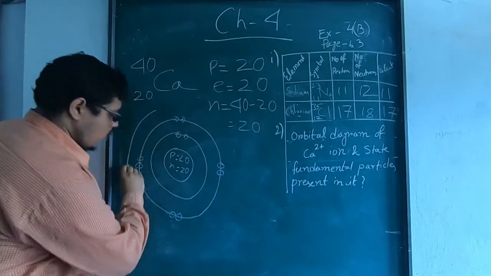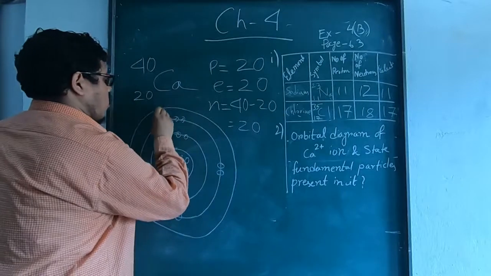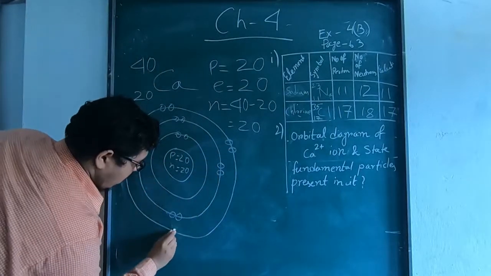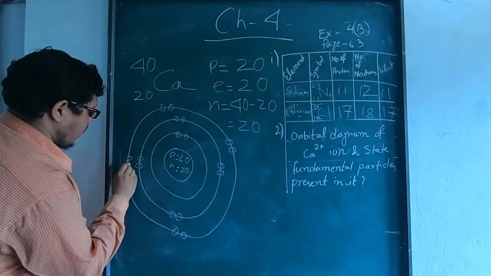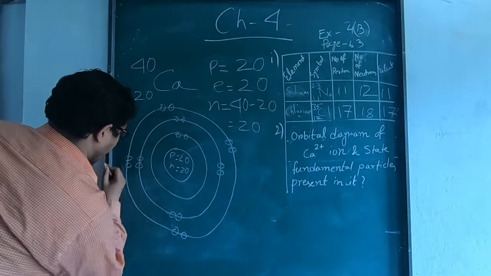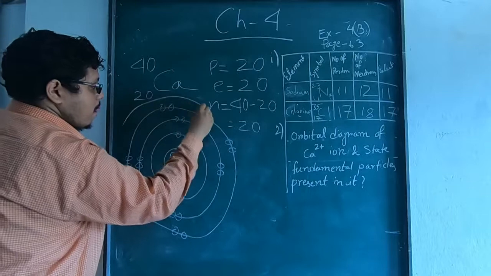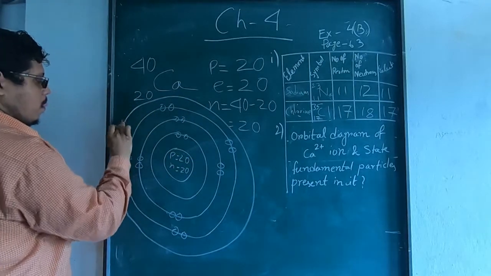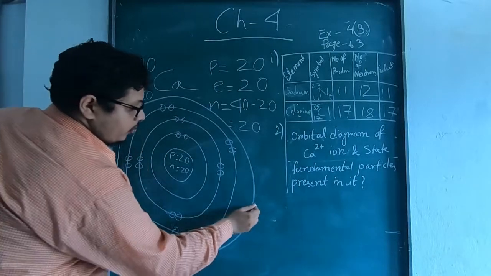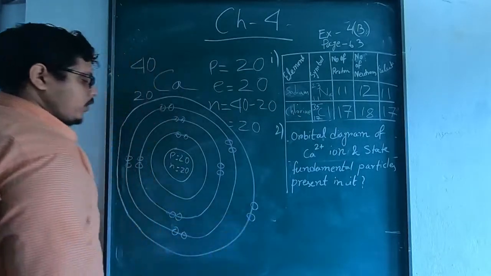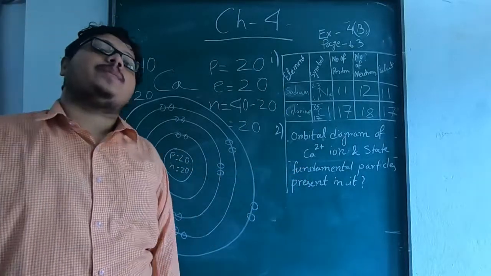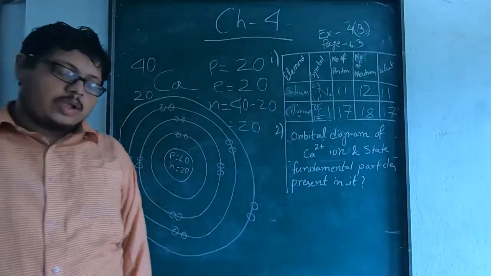Then how much? 8 more. And the last one 2. This will be the structure of the calcium atom, not the calcium ion.